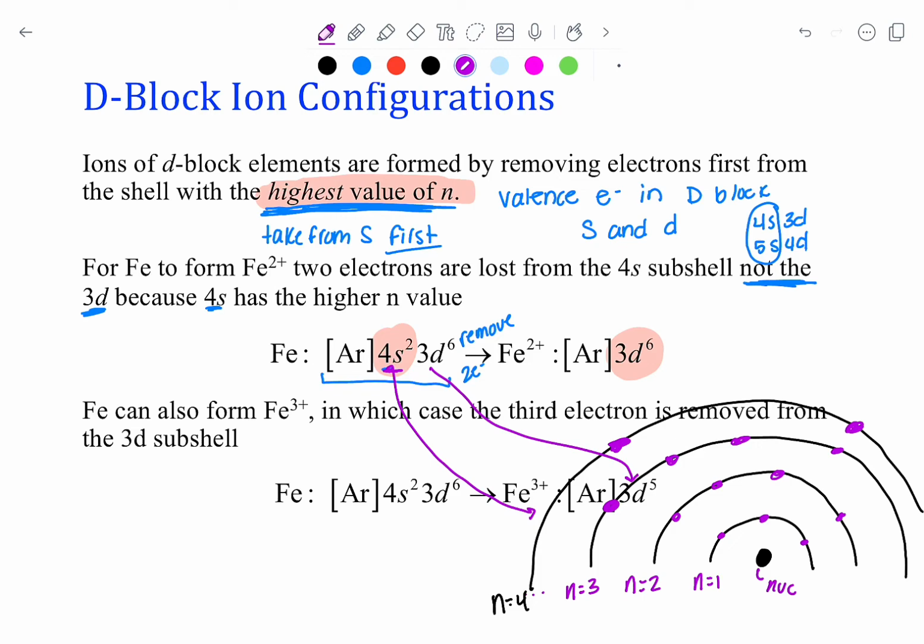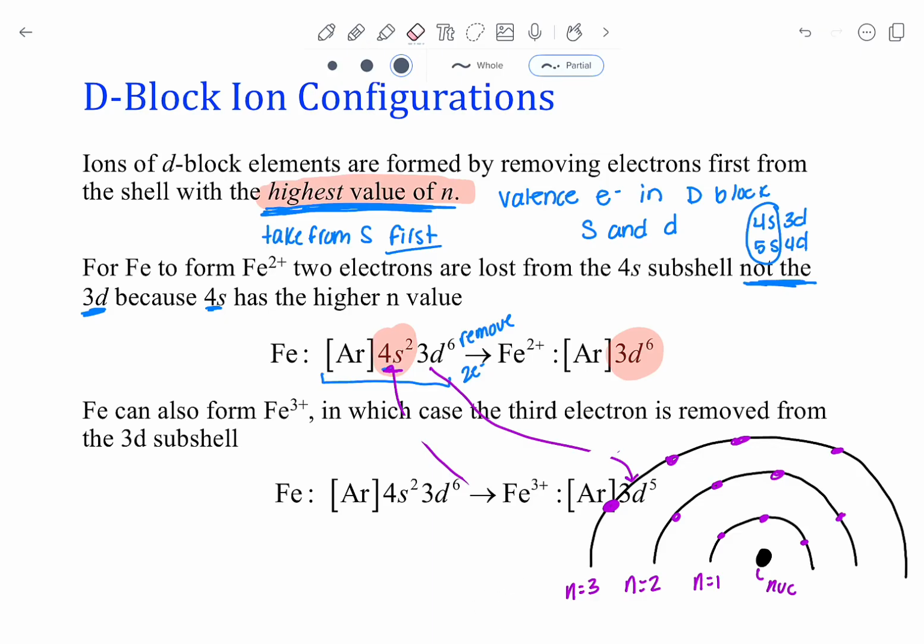The only way that I'm able to remove electrons is from the outermost layer first. It's like an onion. You gotta peel off the top layers first before you get into the middle. So if I want to remove those electrons, I first have to remove the electrons from the 4 before I can even get to the 3.